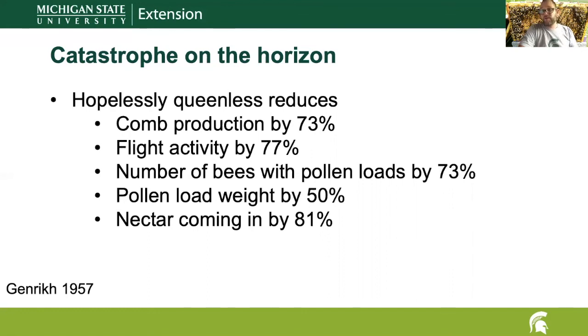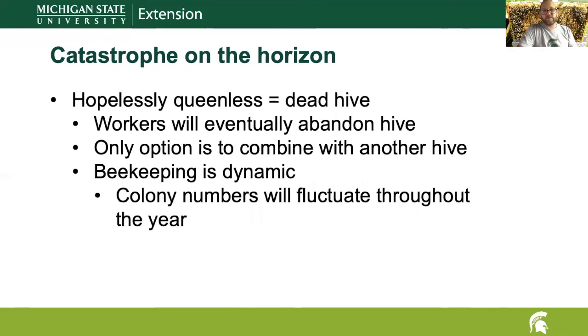That is a recipe for disaster. And this is what happens because of it. In this hopelessly queenless colony, you essentially have a dead hive if you do nothing with it. The bees will then end up just absconding, and the hive will be empty.